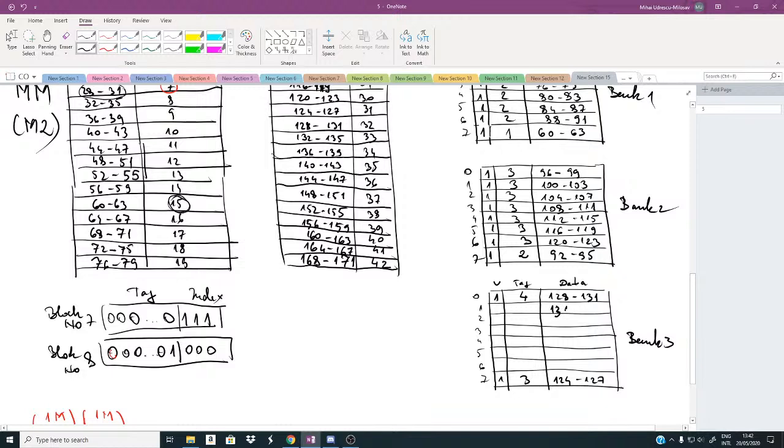Then 32 to 35, 36 to 39, 40 to 43, 44 to 47, 48 to 51.